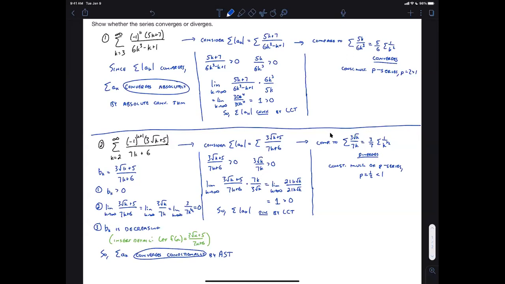And so over here, you're going to have either a P series or a geometric series. Does that make sense to everybody? And then we're going to be able to determine using that whether this converges or diverges. The one in the middle is going to do the same thing that the one on the right does. So if this converges, the middle one converges.